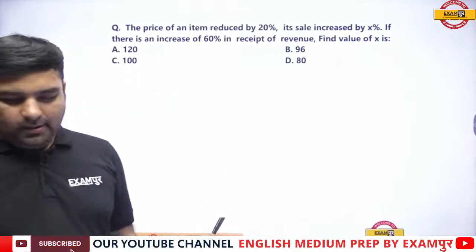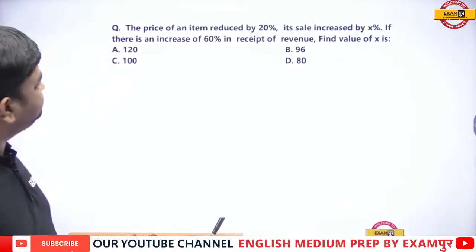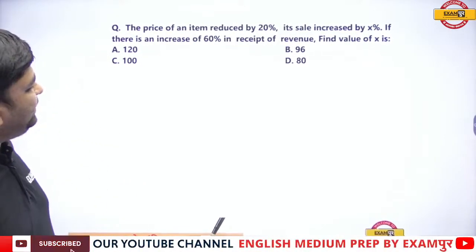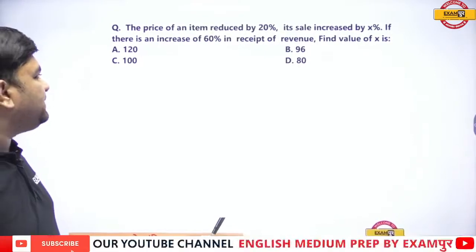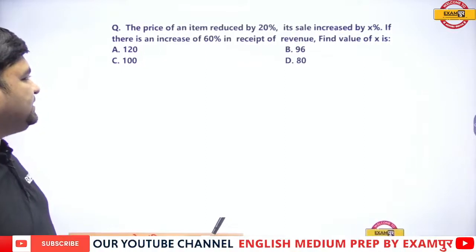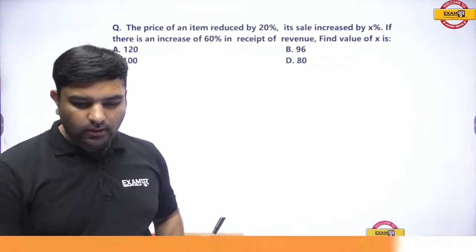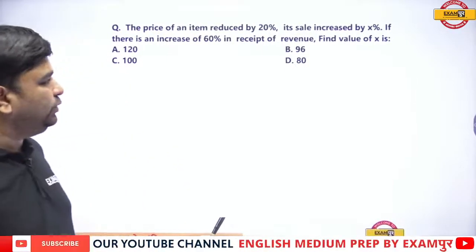Now, read the second question very properly. Price reduced by 20%. Sale increased by X%. There is an increase of 60% in the revenue.